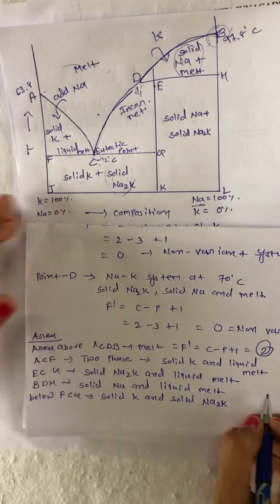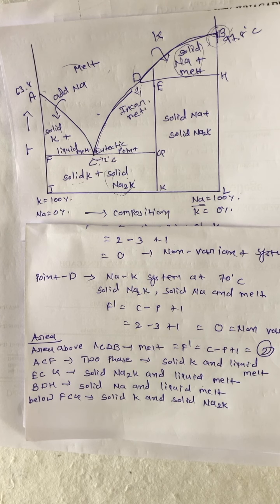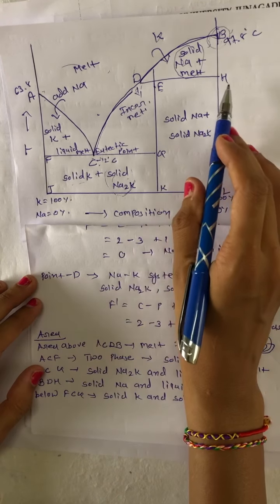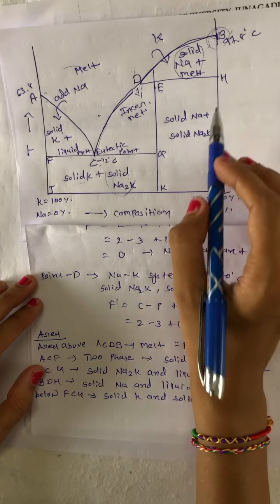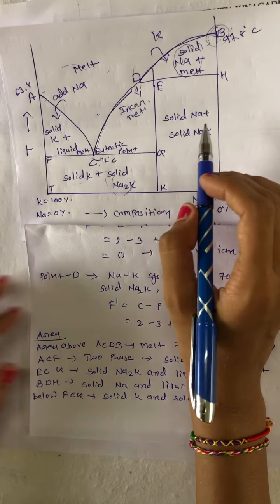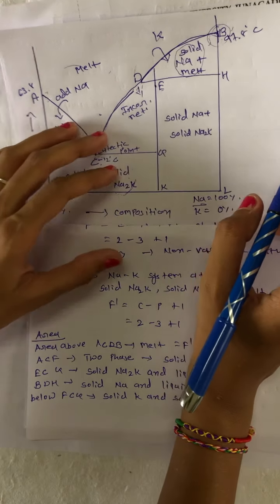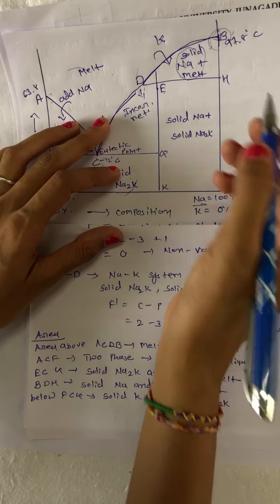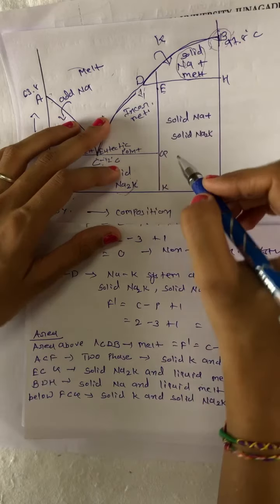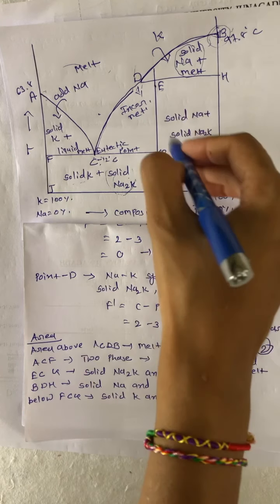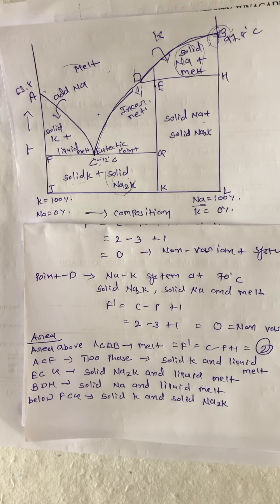Now area IHLK, and we can take HEGK, right? This also has solid Na plus solid Na2K present.